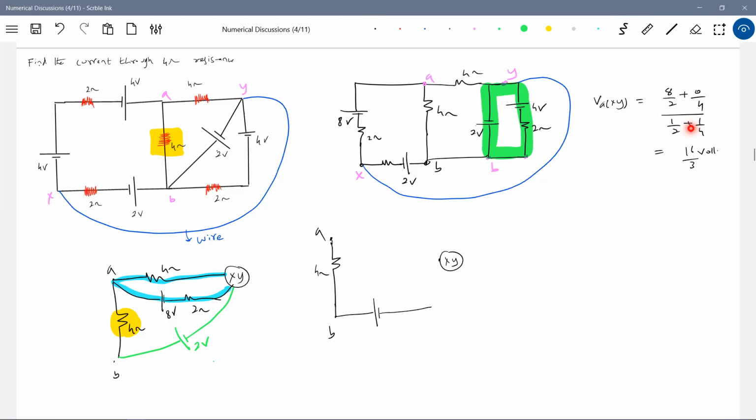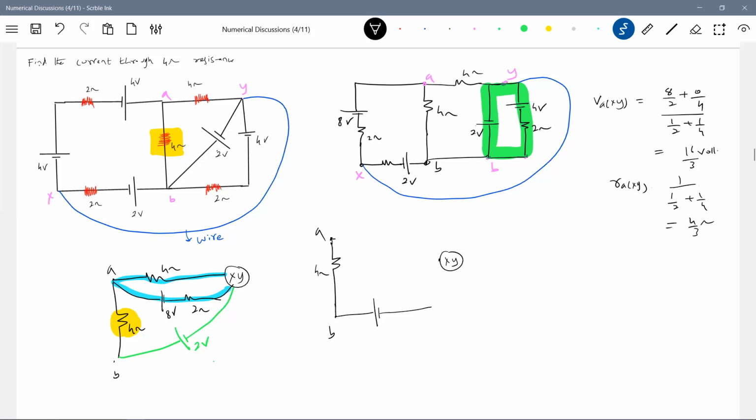These two. Then what about RAXY, the equivalent resistance? This should be equal to 1 by 2 plus 1 by 4. So this will be 3 by 4, so 4 by 3 ohm.